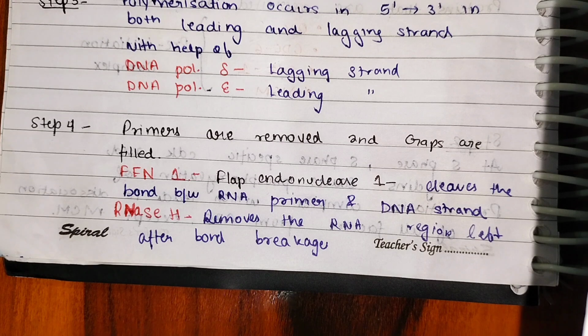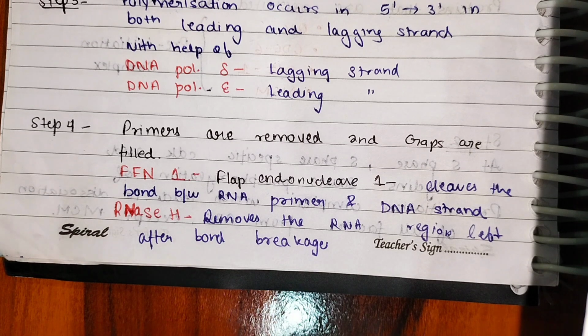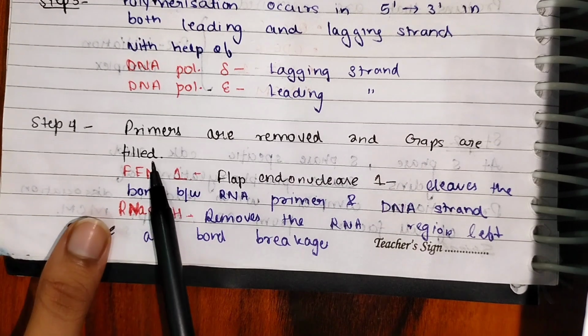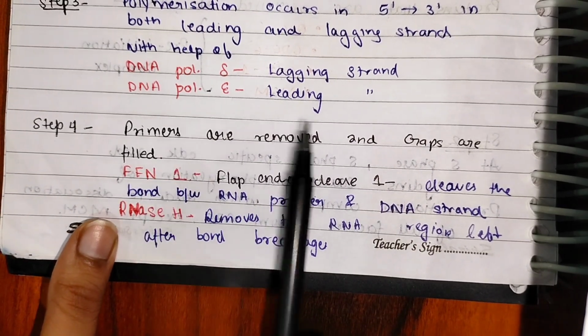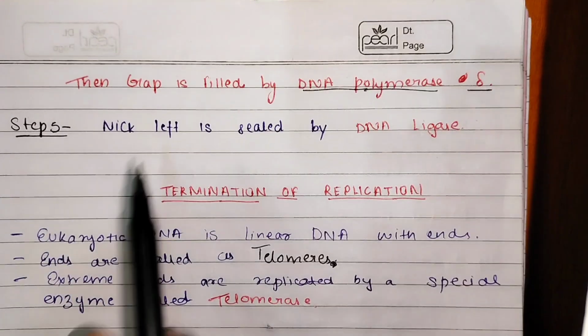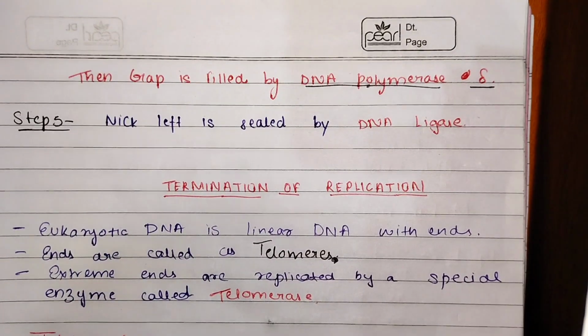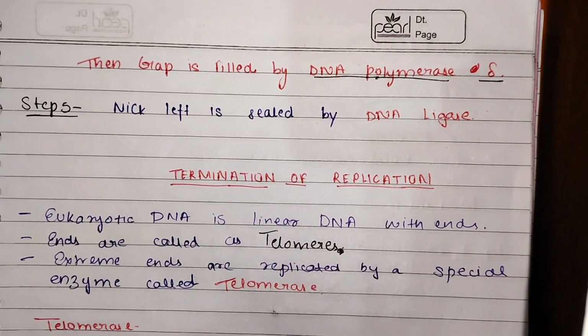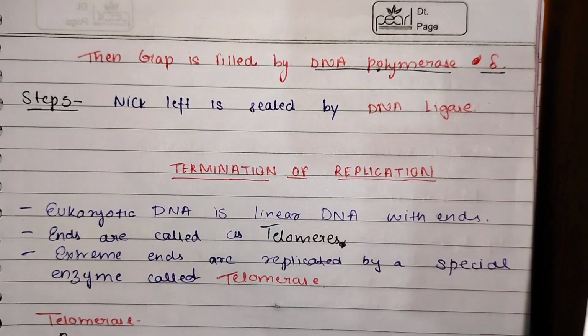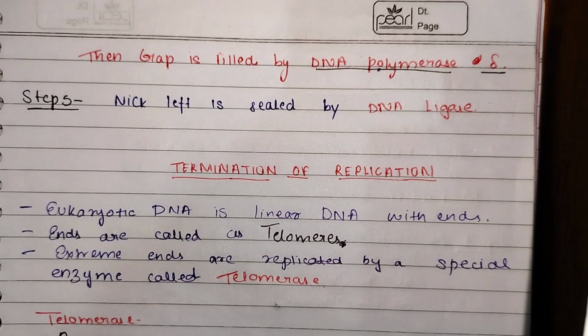It means that it will completely remove that RNA from the region where the replication is occurring. So these two proteins are involved in the primer removal. The gaps which are created by the FEN1 and RNase H activity are filled by the DNA polymerase delta, which also performs the polymerization of the lagging strand.